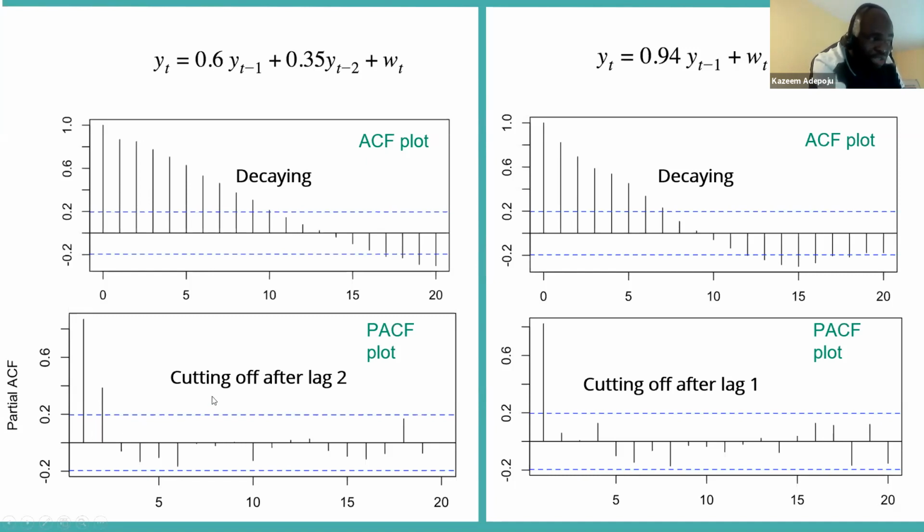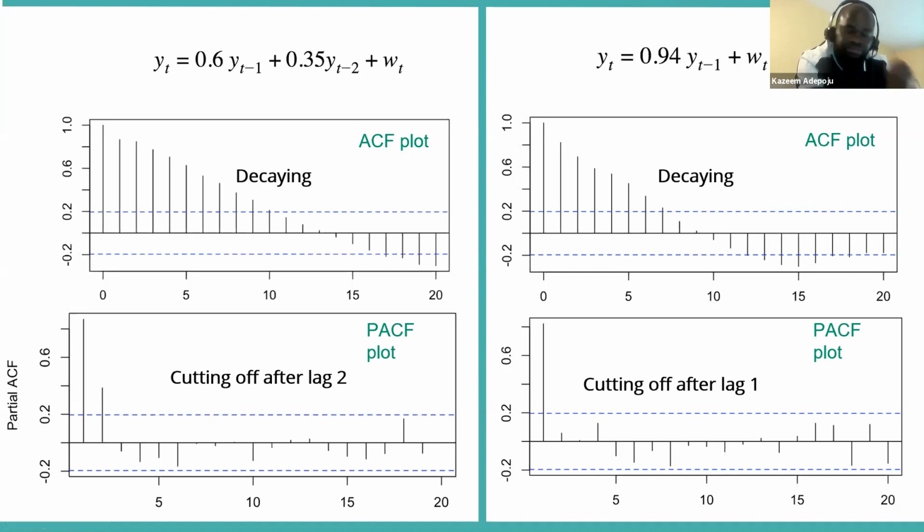After lag 2, it cuts off. That is why I said, when you are using a PACF plot, for a befitting model for the time series data to be an autoregressive model of order 2, the partial autocorrelation will cut off after lag 2. That is for partial autocorrelation. So the same thing right here.